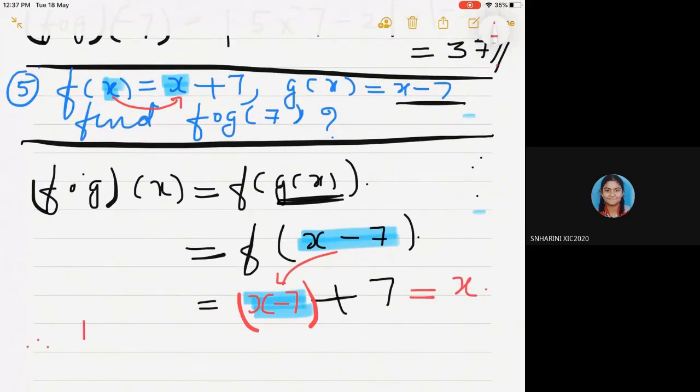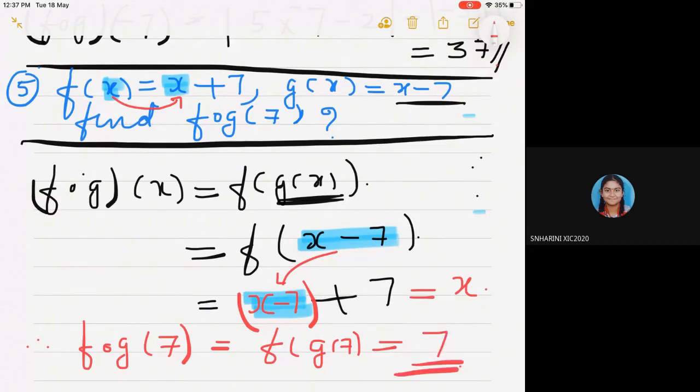Now you have to find out the real part, what is asked in the question, that is f composition g of 7. It is f of g of 7, and it's already found out, because f of g of x is x. So f of g of 7 is, in place of x we have 7. 7 is the answer.